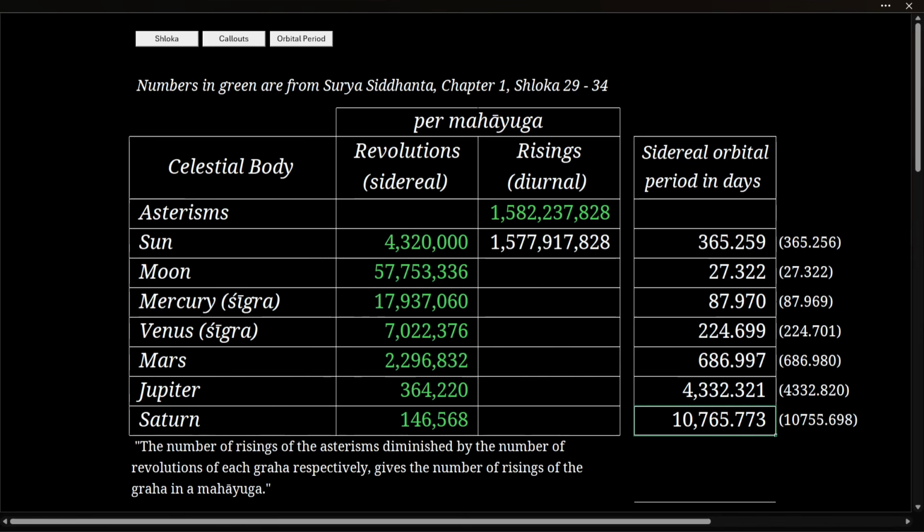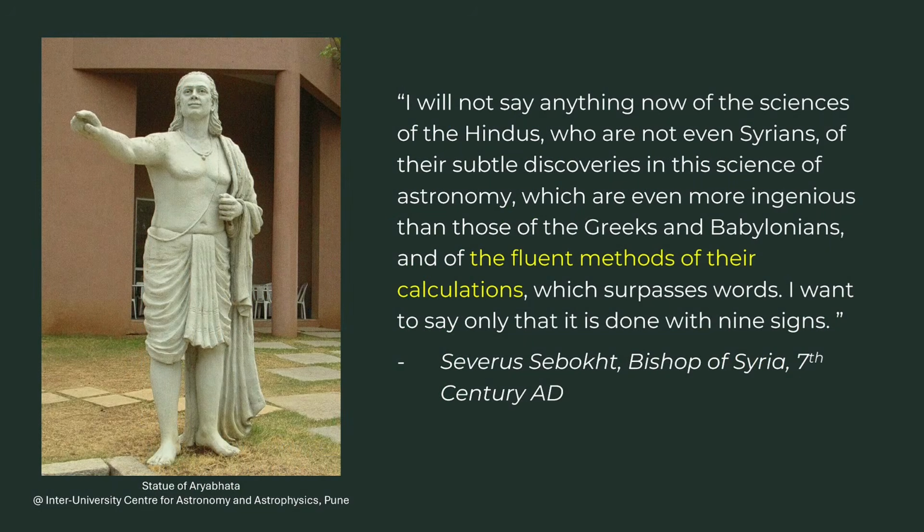So I will close by showing you a quotation which I got from a book. It's from a bishop of Syria in the 7th century AD, Severus Sebhak. And what he says is, I will not say anything now of the sciences of the Hindus, who are not even Syrians, of their subtle discoveries in the science of astronomy, which are even more ingenious than those of the Greeks and the Babylonians, and of the fluent methods of their calculations, which surpasses words.